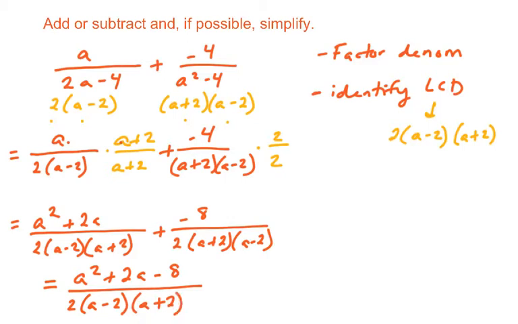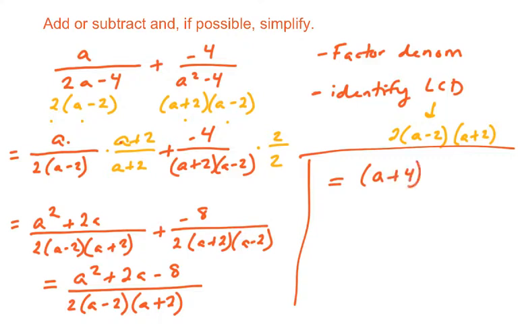The last thing we have to do here, I'm going to come over here in this little spot because I'm running out of room, is going to be factor that numerator. So the numerator here we would have is a plus 4 times a minus 2. That would give us a negative 8, and then a positive 2 is our middle term, over our denominator of 2 times a minus 2 times a plus 2.